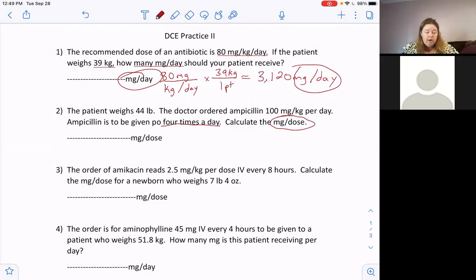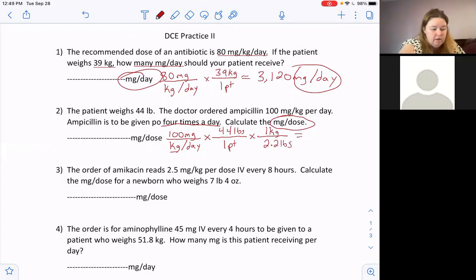So we're going to start out with our order: 100 milligrams per kilogram per day times, we have a patient that's 44 pounds. So 44 pounds for one patient. And then we need to convert that into kilograms. So we have kilograms on the bottom over here. So 1 kilogram equals 2.2 pounds.